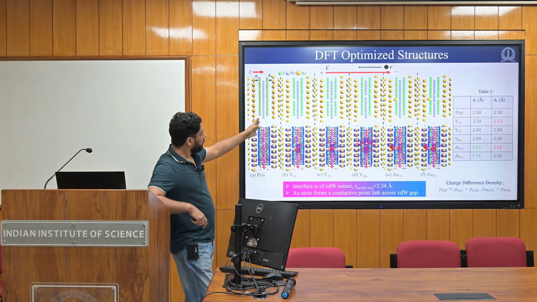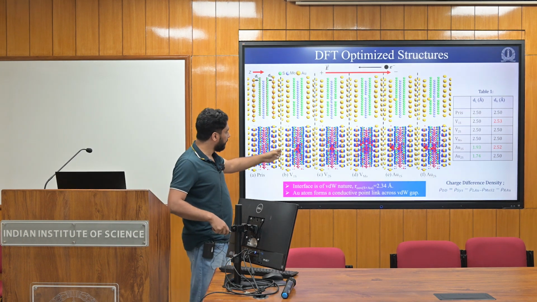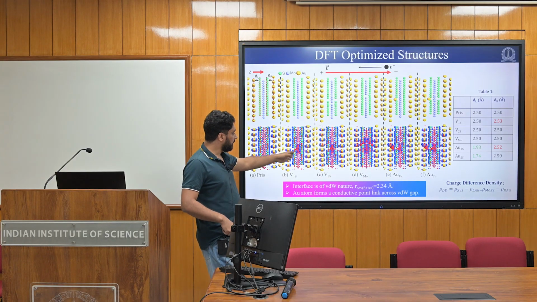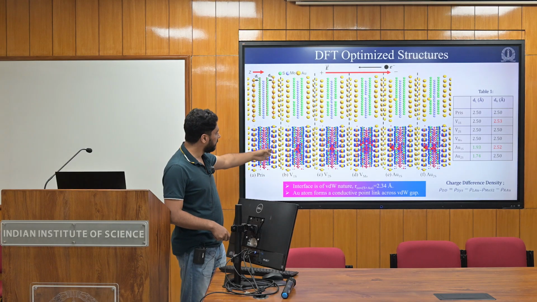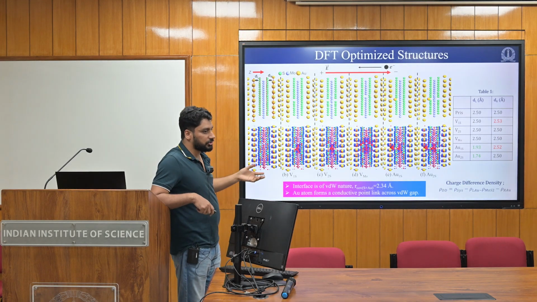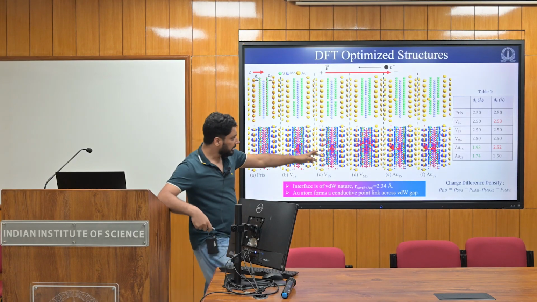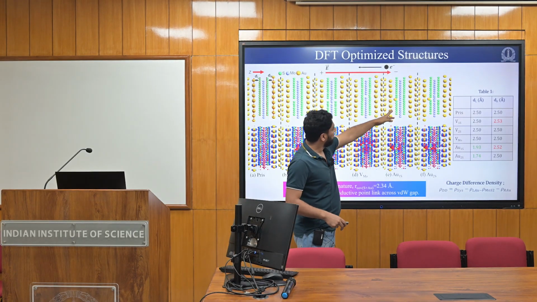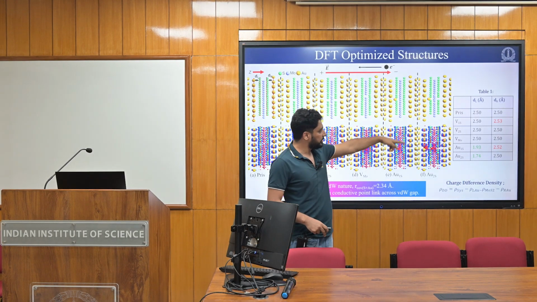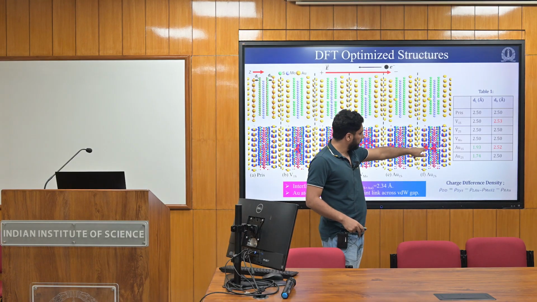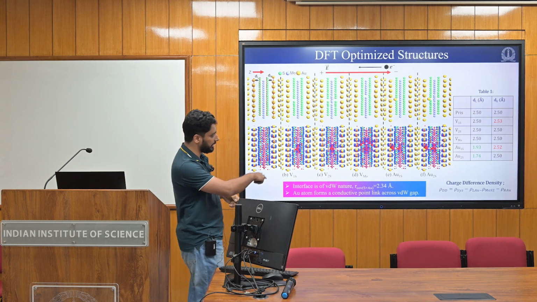But as you introduce defects into it, you can see these things change. Because of the defects, there's a chemical interaction of the sulfur vacancy or disulfur vacancy or molybdenum vacancy with the gold. So basically the interaction changes, so the nature changes. And as you can see there, in the case where you have a gold atom adsorbed at monosulfur and disulfur vacancy, the distance between the gold and the MoS2 drops to 1.93 and 1.74, which is less than the covalent radius.